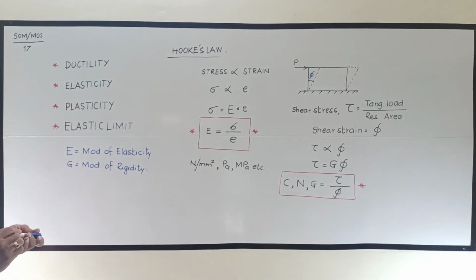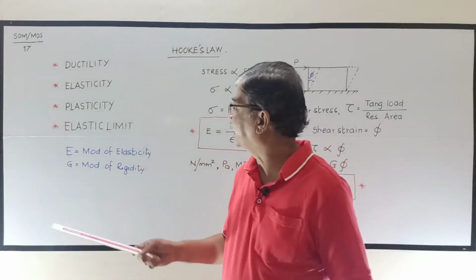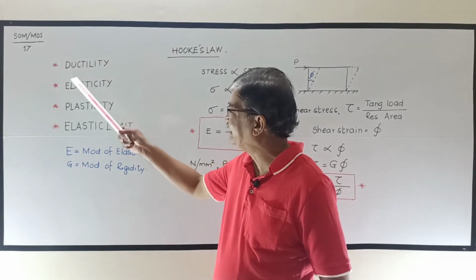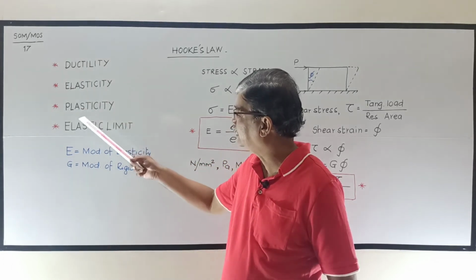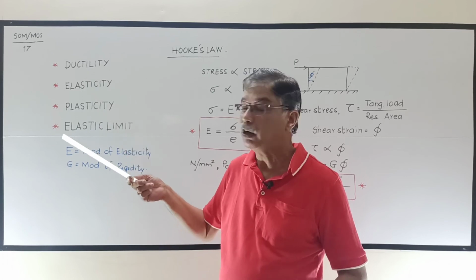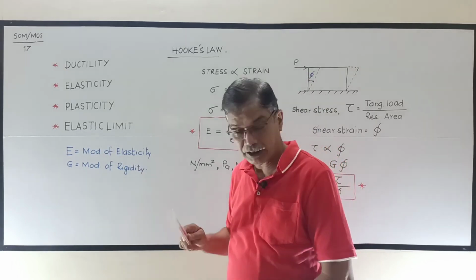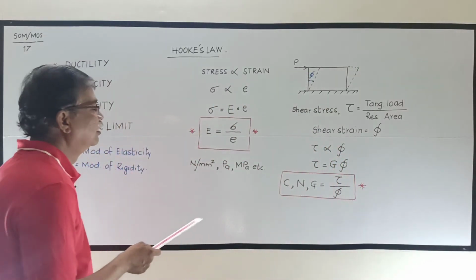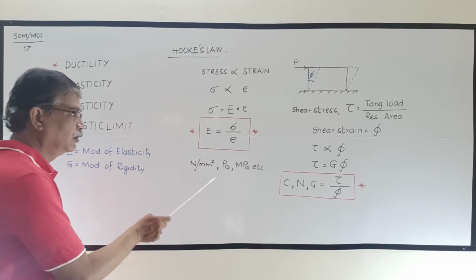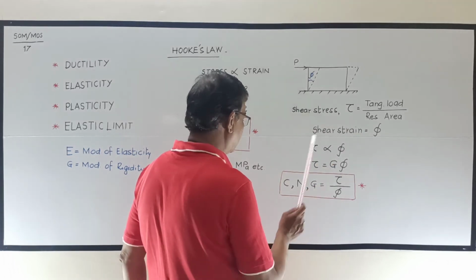Okay, so in this particular video we saw very important properties, that is ductility, elasticity, plasticity. Ductility is very important. We saw number of metals which are ductile. Then we saw elastic limit. Then we have stated Hooke's law, and we have expressed Hooke's law for shear stress and shear strain also.